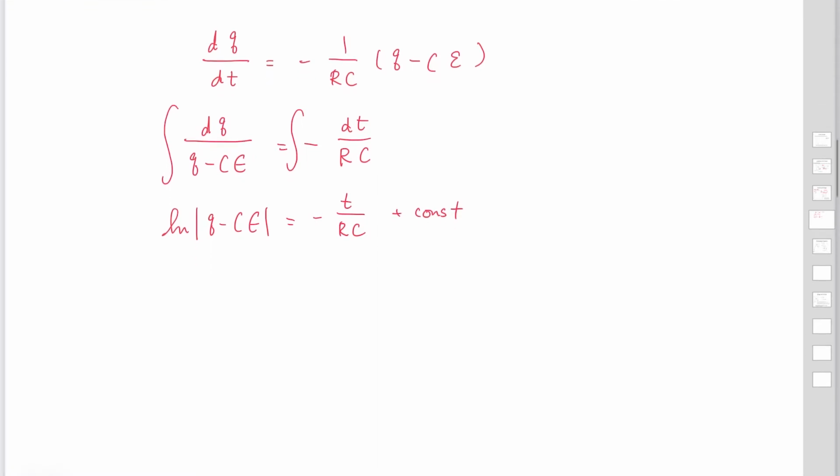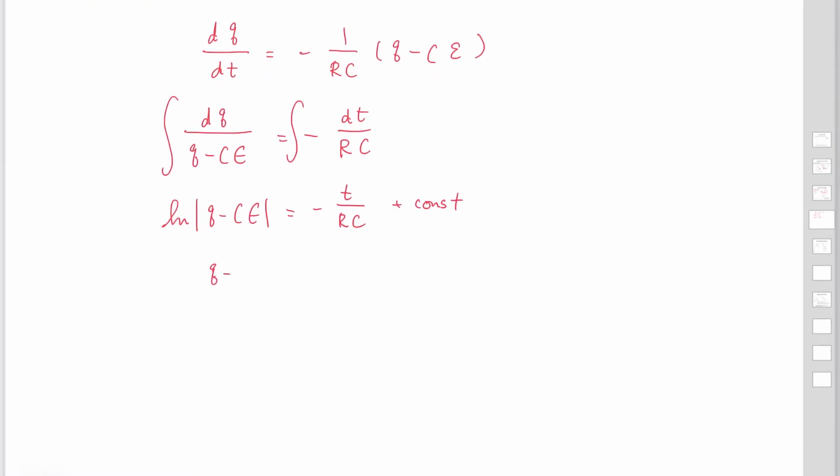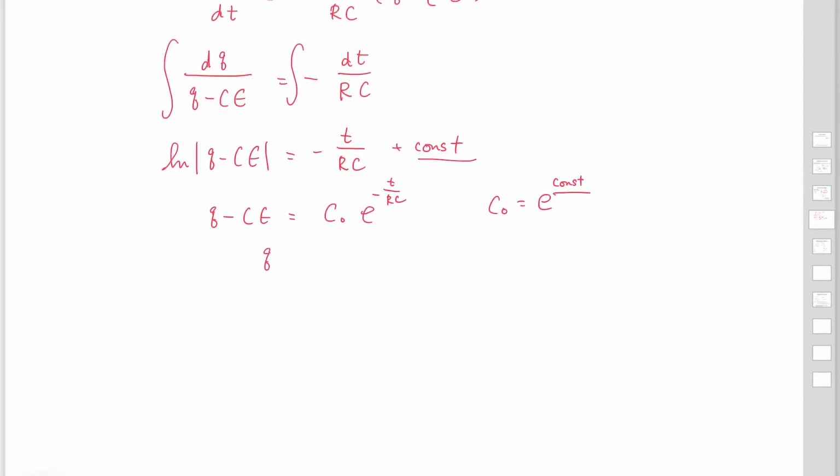So this means q minus C epsilon is expressed as some constant times exponential minus t over RC. Let's call this constant C sub 0. Q becomes C epsilon plus C sub 0 exponential minus t over RC.